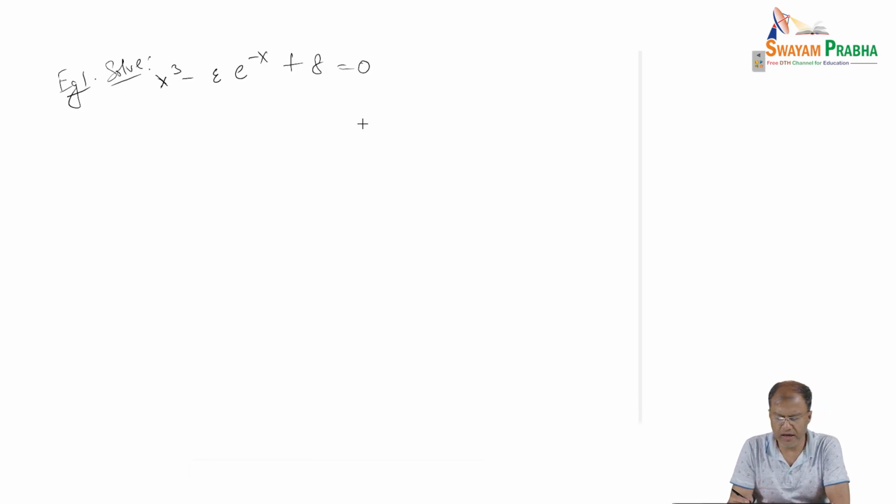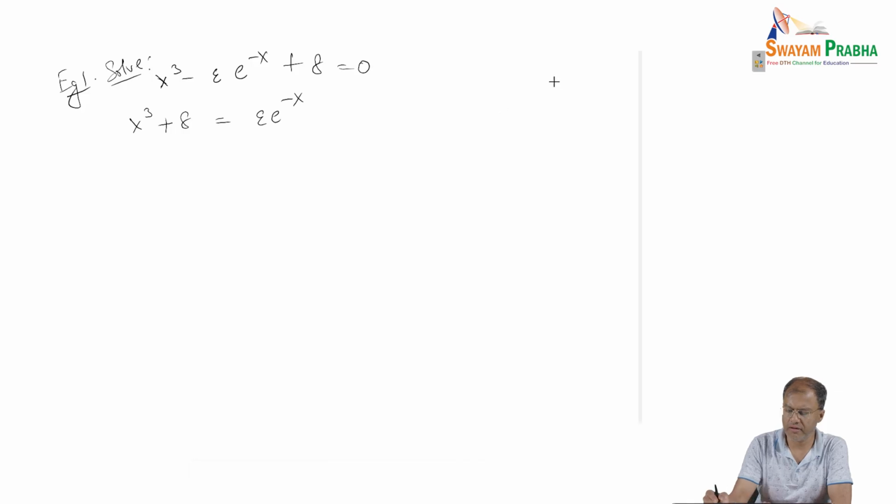Again we can try the same setup where we take all the terms that do not have epsilon on one side and all the terms having epsilon on the other side to figure out the solution. So notice that if we rewrite this, this is epsilon e to the power minus x.